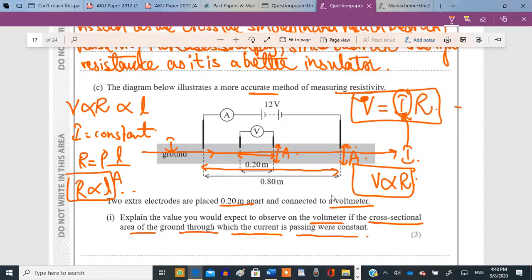Yep. Now, if resistance is proportional to the length and resistance is also proportional to the voltage, I can say that the voltage is actually proportional to the length, because resistance is the common person in there, right?